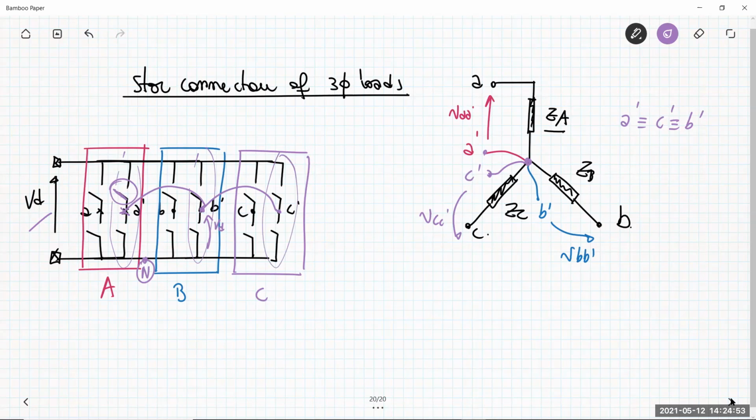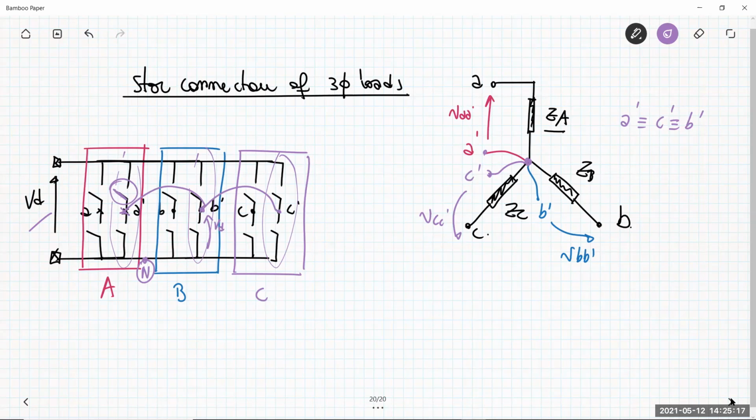The switch action of one of these legs makes it possible to fix the voltage for the other legs. So this is something that we can call a redundant configuration. We don't need all three legs because what happens at the output of these three legs is just decided by the commutation of just one leg.